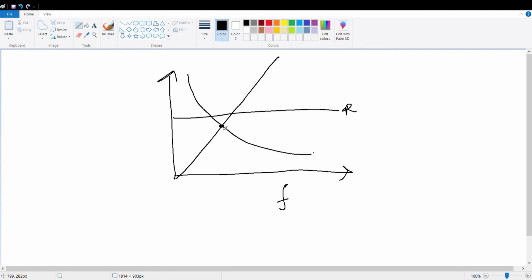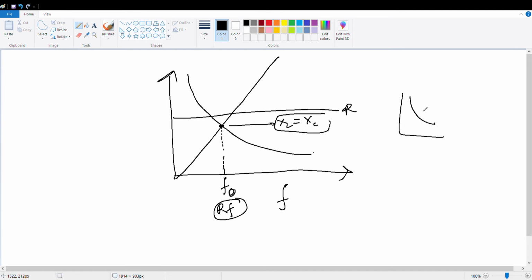This is the point where XL is equal to XC, and this is the frequency. If you drop the value on the x-axis, this is the F naught, the resonant frequency. Why are we drawing XC like this? Because XC is equal to 1 by omega C. It is reciprocal.